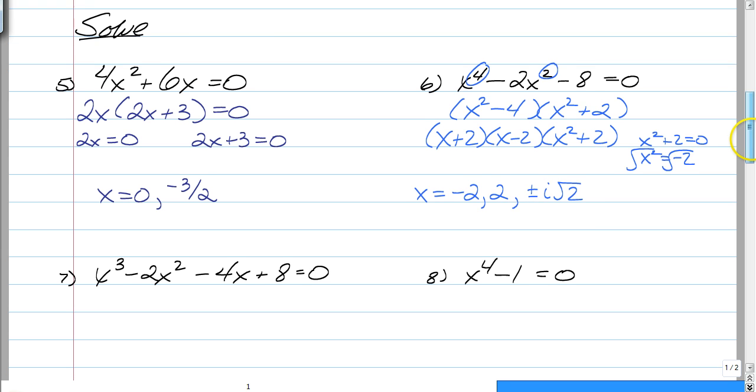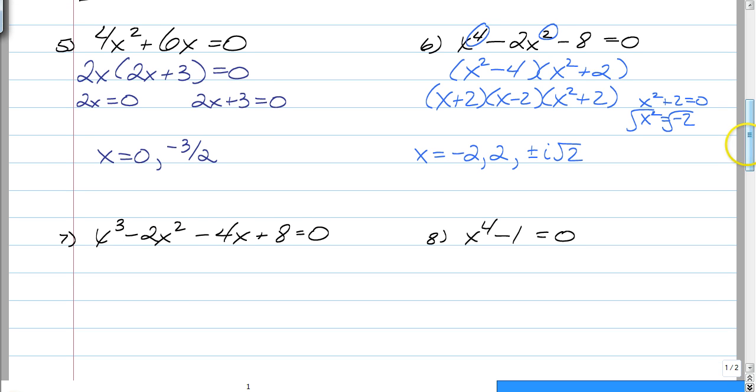Number 7. That's another example of grouping. So we're going to group, factor out our GCF of x squared here, leaving us with an x minus 2. And now we're going to factor out a negative 4, and that's going to leave us, again, with an x minus 2. So we have x squared minus 4 and an x minus 2.